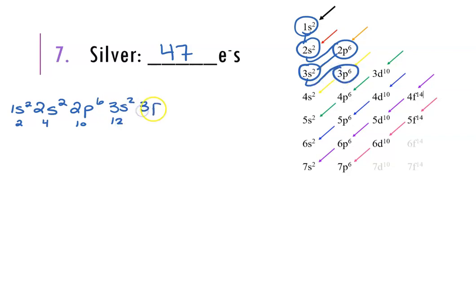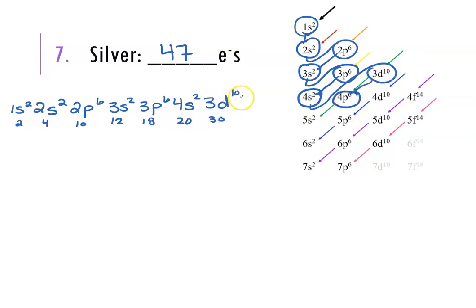And then we'll go to 3p6, which is 18. And then 4s2, which is 20. And then 3d10, which is 30. Then 4p6, which is 36. And then 5s2, which is 38.